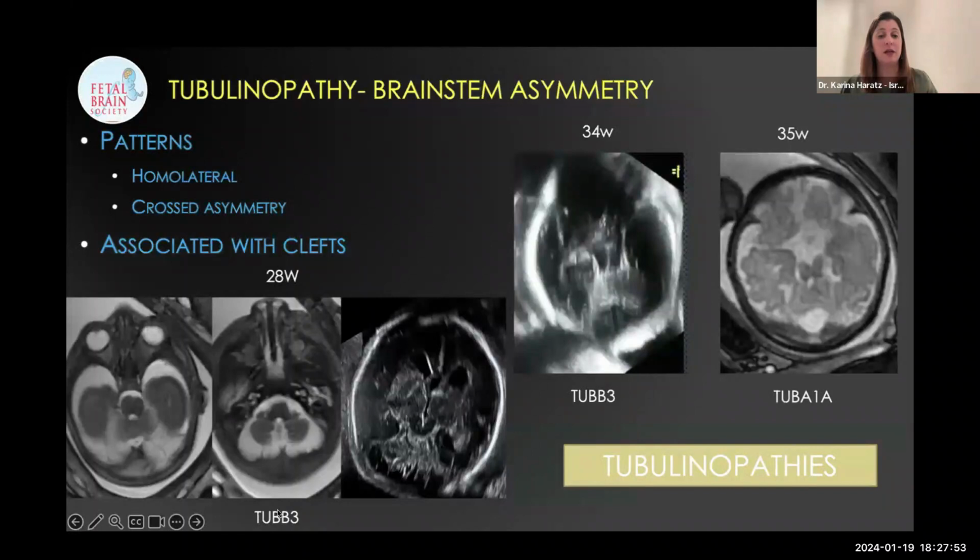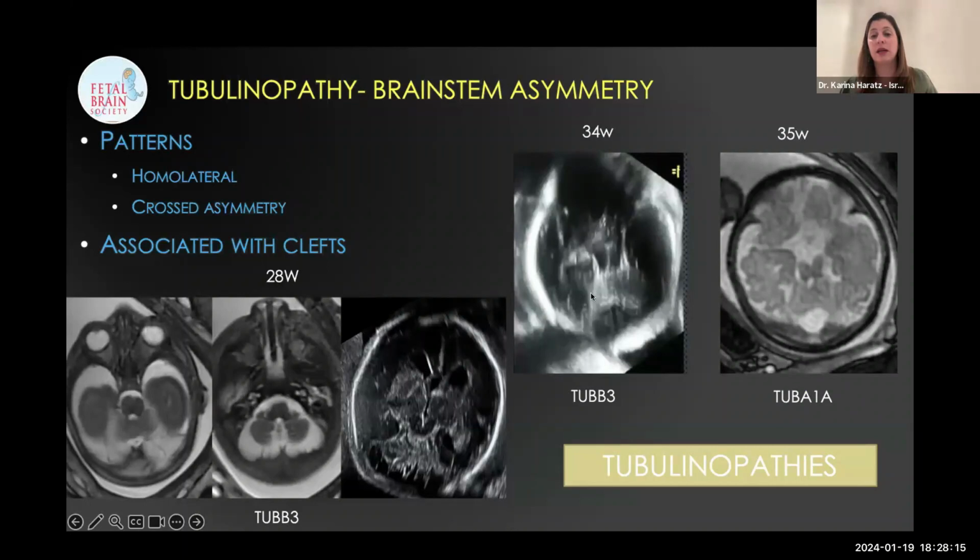So here we have the cases of TUB-B3, and you see the asymmetry in the axial view of the brainstem. We can see the irregular interhemispheric fissure, and we can see the asymmetry of the basal ganglia as well, and the typical shape of the anterior horns.